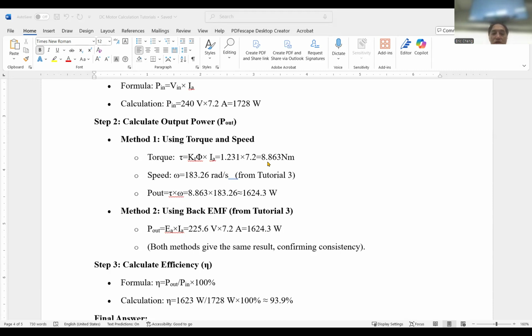Now, if the duty ratio for the PWM converter is 40%, calculate the average voltage on the armature input. That means we have a DC source with a chopper to the motor. So the 200 volt does not go directly to the motor. To get that, it's straightforward, we're just using the average.